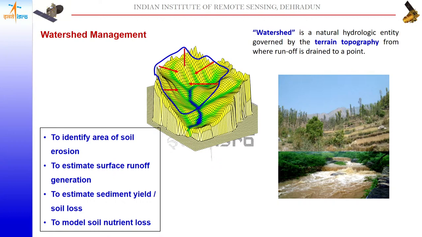Because of erosion, it loses sediment, soil and nutrients both. So in watershed management we estimate the sediment yield, soil loss and nutrient loss also. In this case, remote sensing and GIS can be used for watershed management.